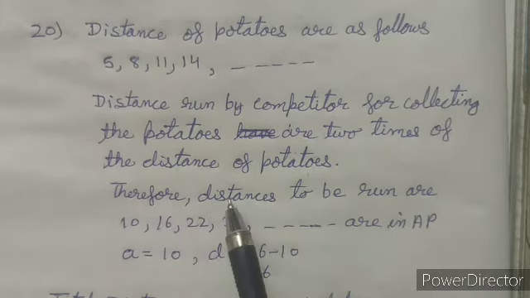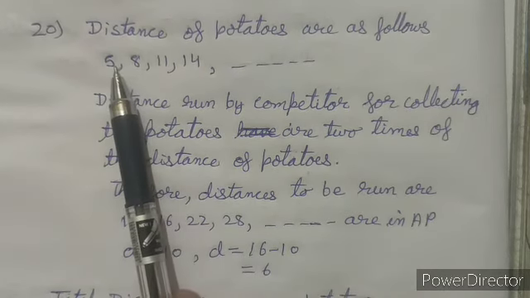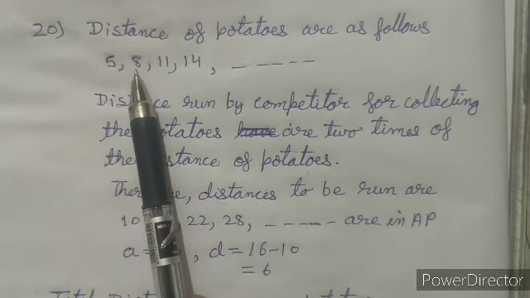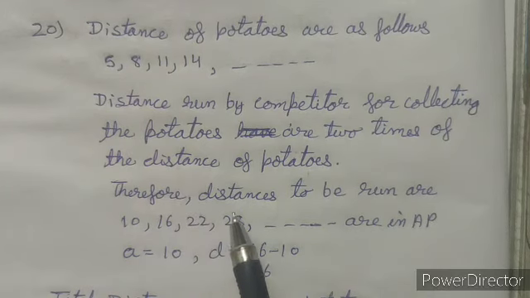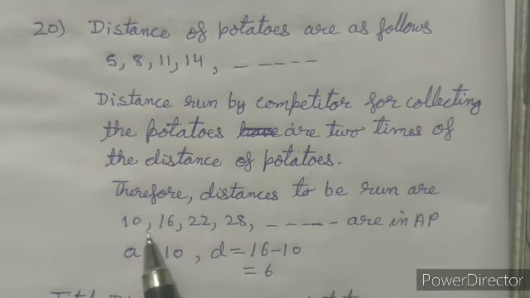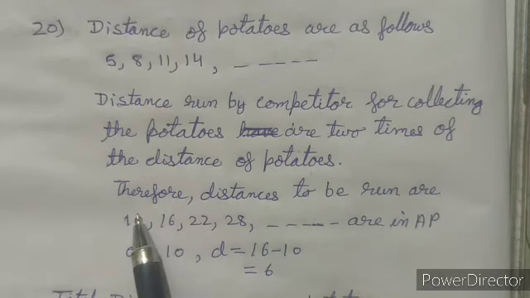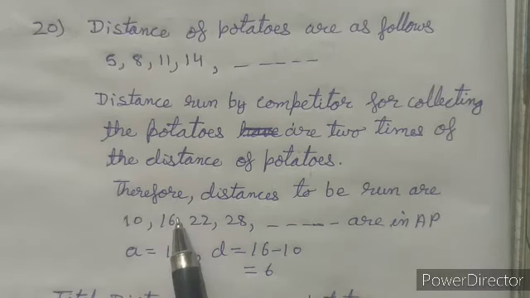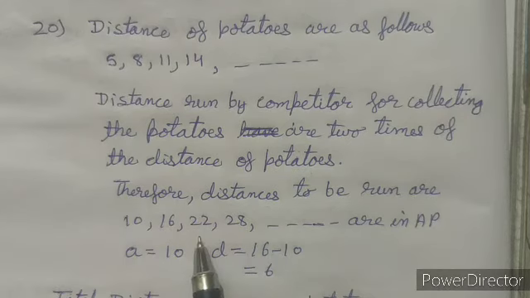Now therefore the distances to be run will be 2 into 5, that is 10, 2 into 8, 16, 22, 28. These distances are in AP with first term a equal to 10 and common difference d equal to 16 minus 10 equal to 6.